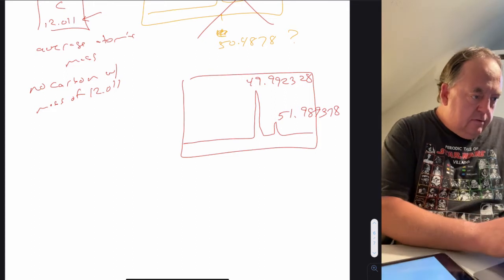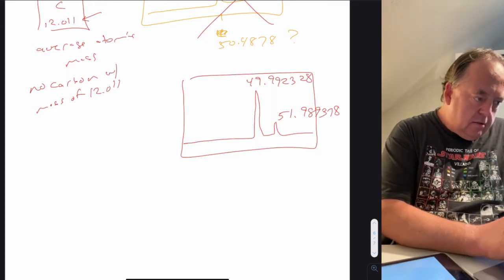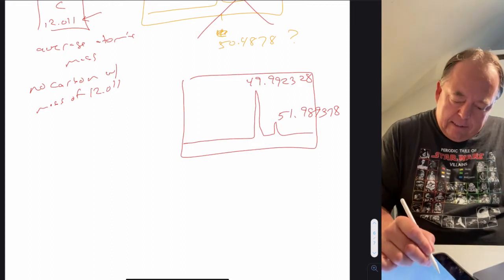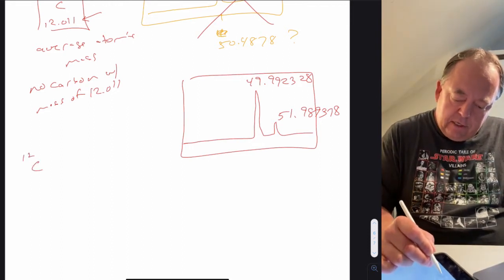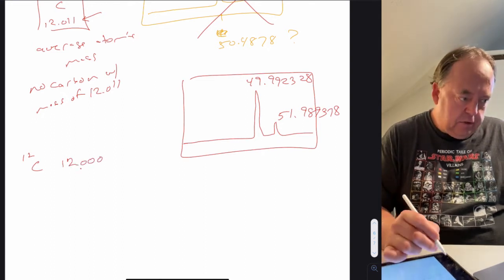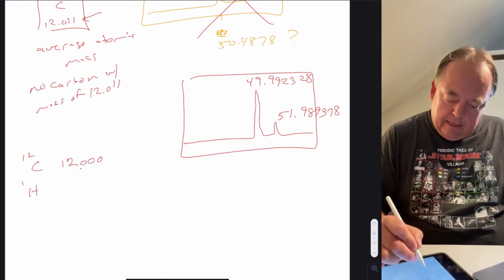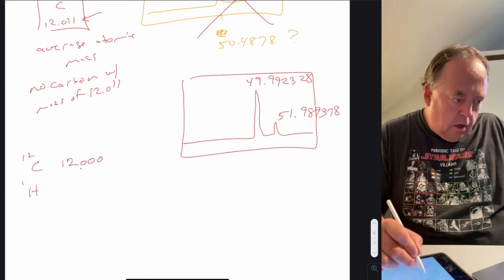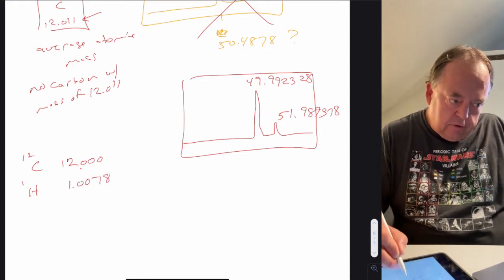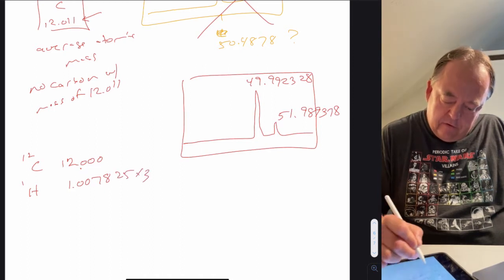So let's do this math. The main isotope in carbon is carbon 12 in nature, and it has a mass of exactly 12 atomic mass units. The main isotope of hydrogen in nature is hydrogen 1. It has a mass of 1.007825, and there's 3 of them.